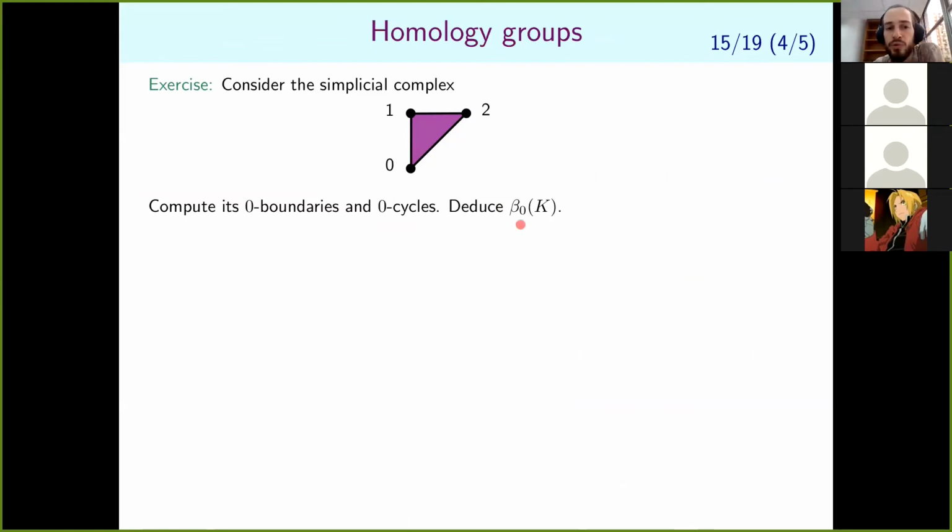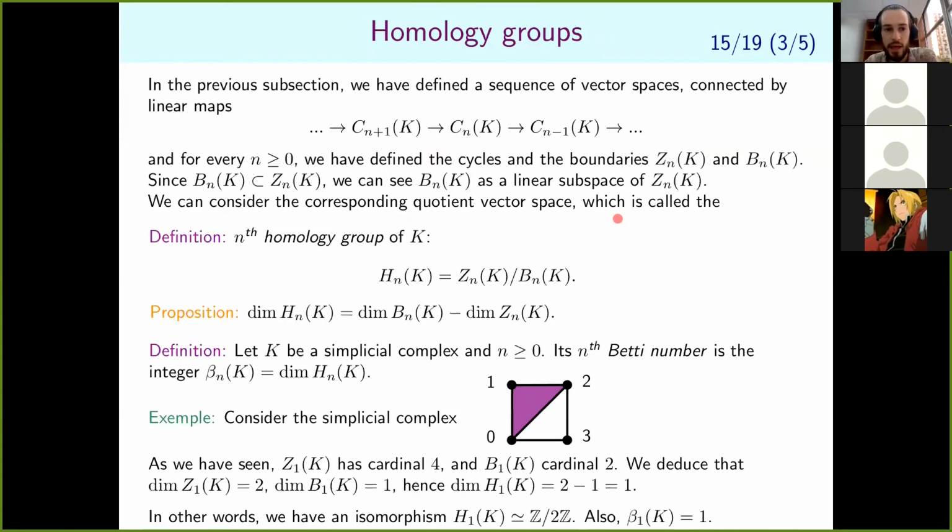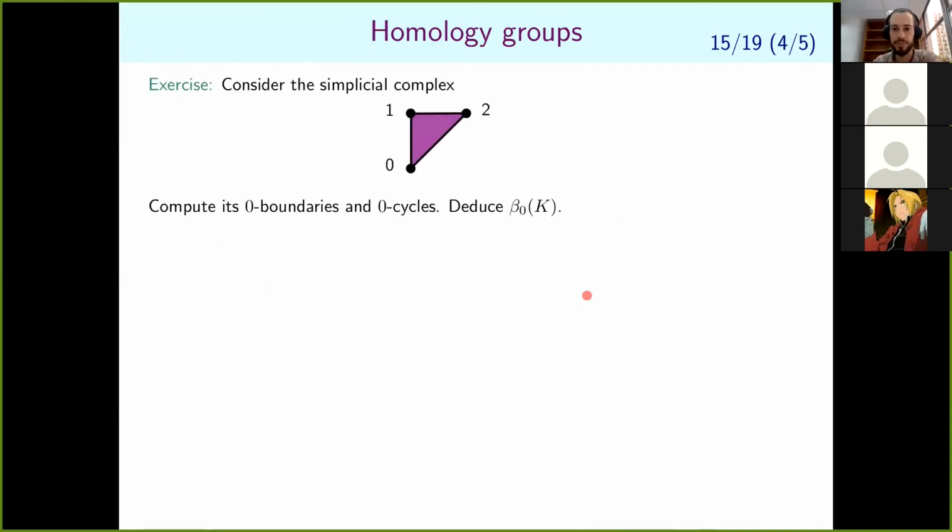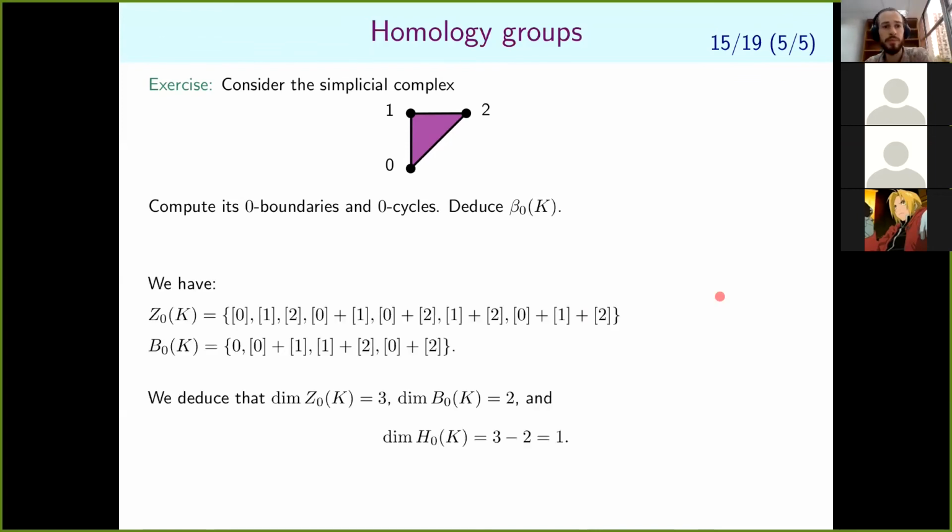In order to compute its 0th Betti number, I have to find the dimension of its 0th homology group. And in order to find the dimension of its 0th homology group, I have to find the dimension of the 0 boundaries and the 0 cycles. And this is easy to do.